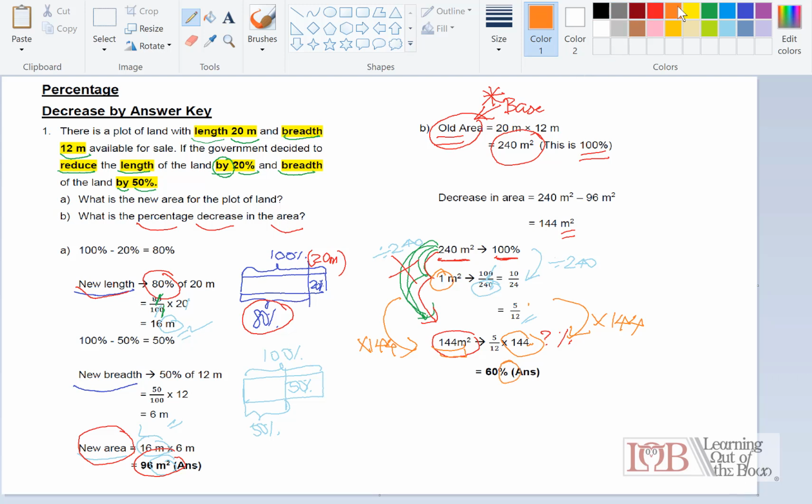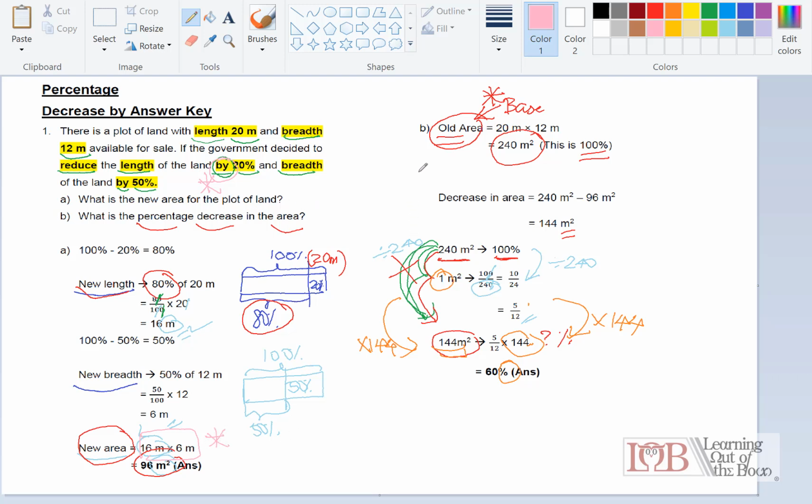So in short, you need to know the key information to solve this kind of question. Reduce by is very important. You need to know this. And this one is also very important because to find the area, you need to know that it's length times breadth.